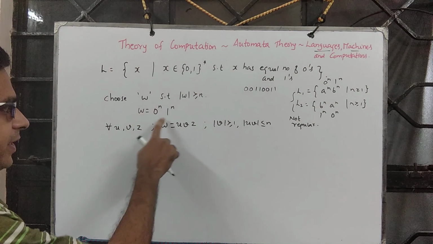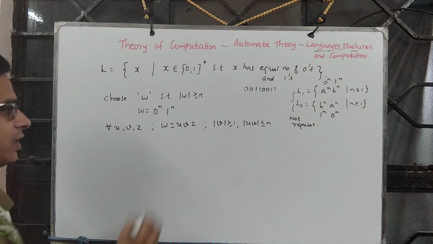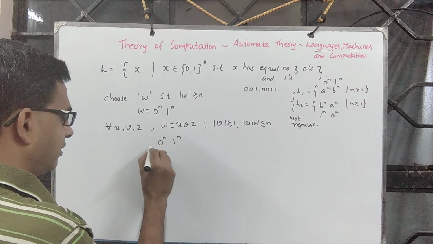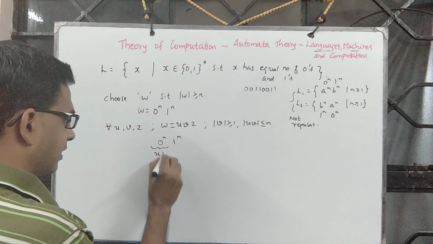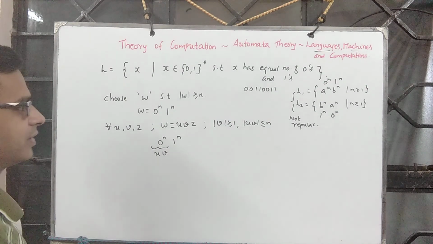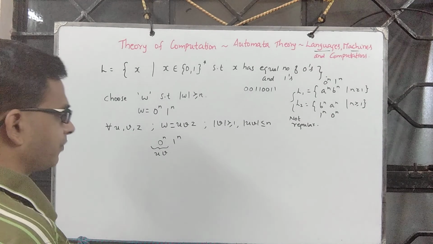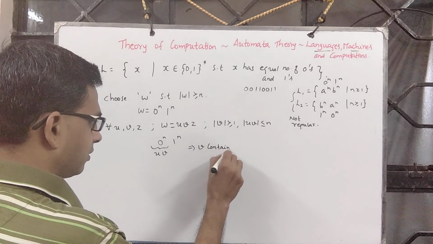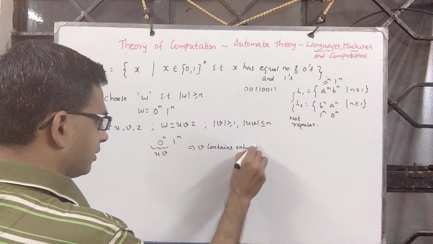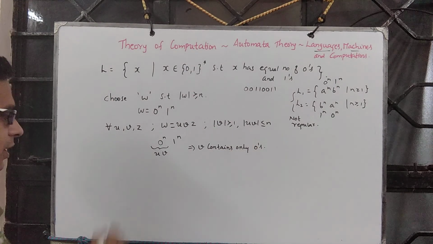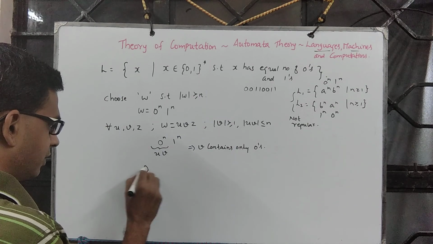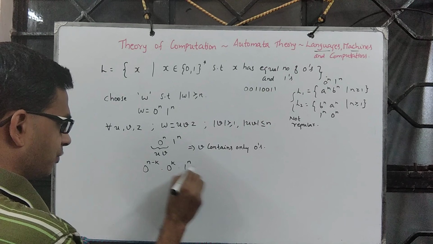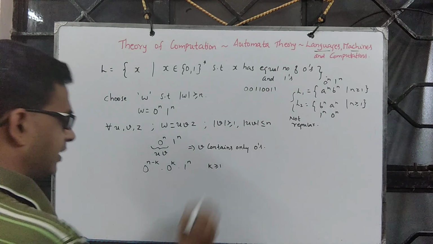Now this string has an equal number of zeros and ones. Now it is clear that in 0 power n, 1 power n, UV is concentrated only on this part because of this condition, which means V contains only zeros. And we do not know how many, so it is 0 power n minus k times 0 power k times 1 power n, where k is at least 1.